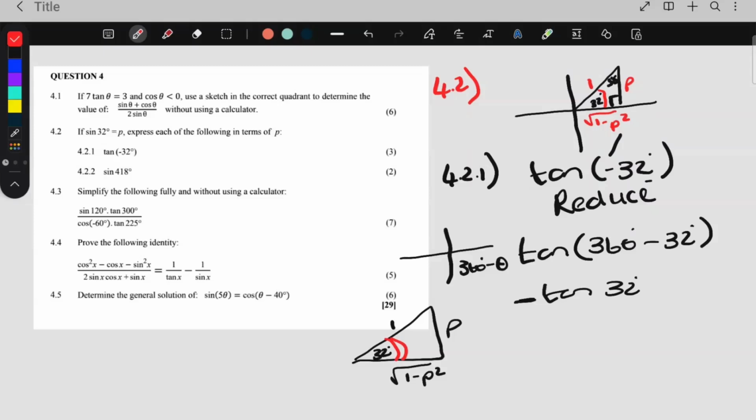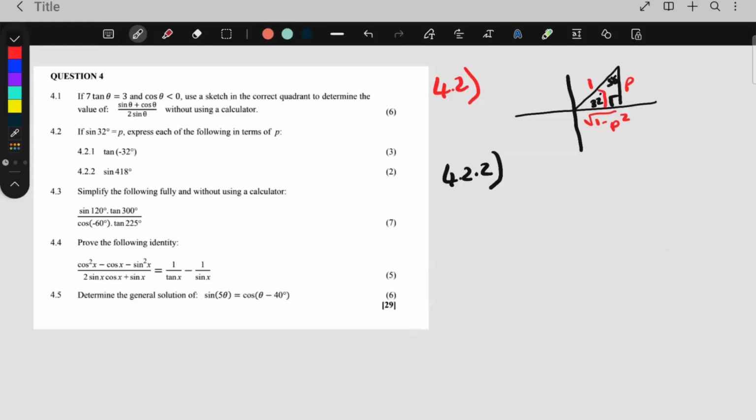And I say, oh, tan is opposite over adjacent. So now I replace the word tan with opposite over adjacent. But then I remember there was a negative in front because I reduced and I put the negative in front. And that's the answer to question number 1. So that is for 3 marks because you had to use the triangle.